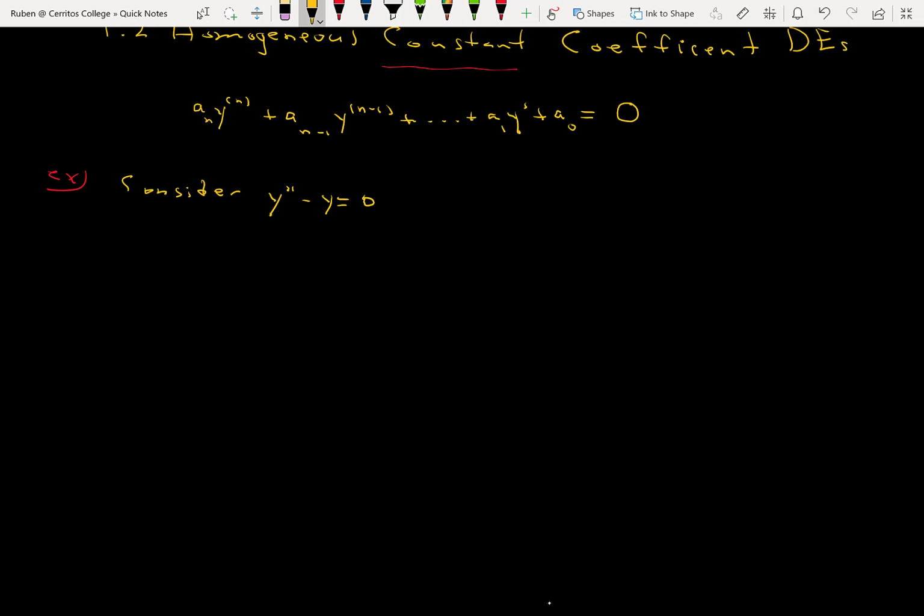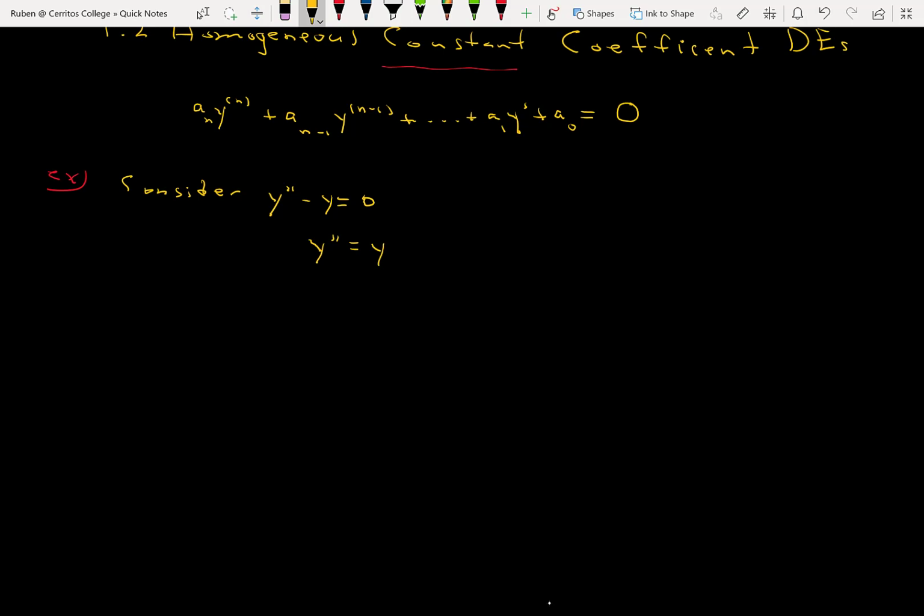And the idea is to solve the differential equation. Well, the method goes something like this. Look what happens if we solve for y double prime. We're looking for functions such that the second derivative of the function equals the function itself.